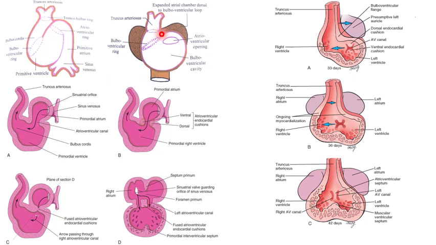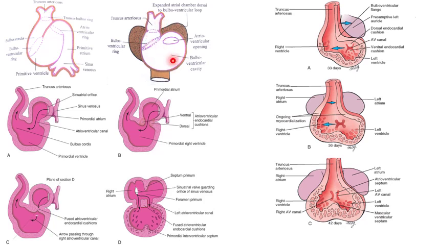That is where the transversely oriented primitive atrium is in connection with the bulboventricular cavity via the atrioventricular opening. This still is called the bulboventricular cavity because there is no demarcation yet formed differentiating the ventricle from the bulbus cordis.